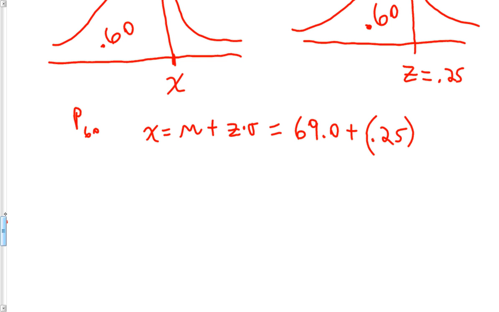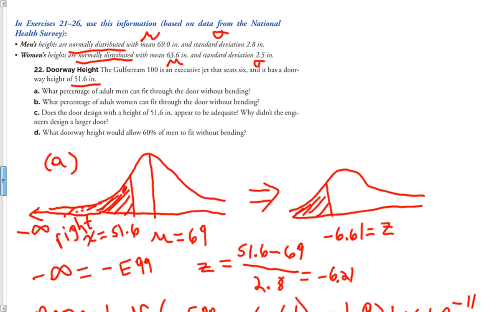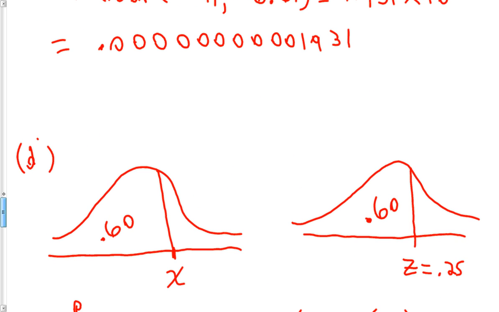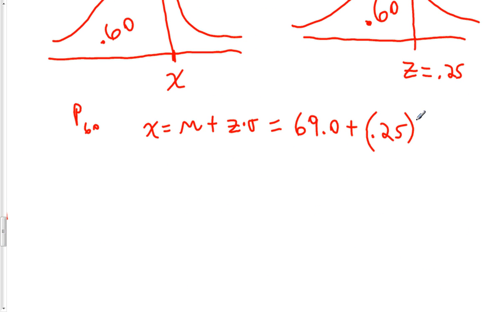And sigma, if you recall, we said was 2.8. So this is going to give us the x value that we need. So we get 69 plus 0.25 times 2.8, and that yields for us 69.7.